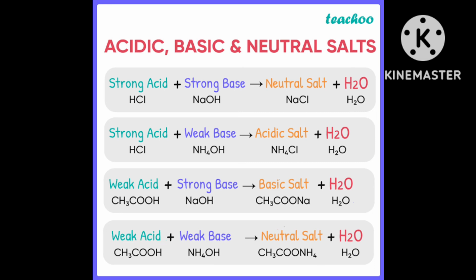But what is dissociation? Suppose NaCl is there, Na plus and Cl minus, both are close together. Many NaCl units come close and make a bulk particle, a big solid.